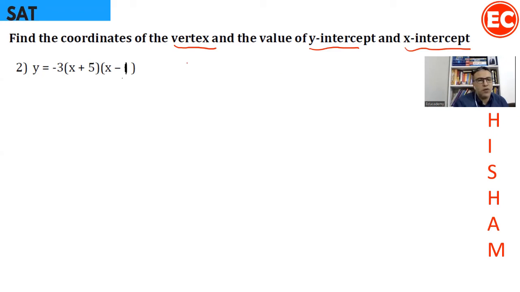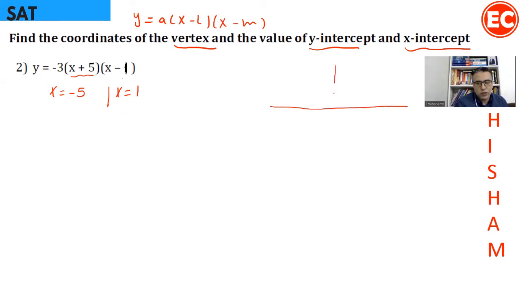Another question in the third form of the quadratic function: how to find the vertex, the y-intercept, and the x-intercepts of a quadratic function in the form y is equal to a(x minus l)(x minus m). It's clear here that I have two values, x equal to negative 5 and x equal to positive 1. So by drawing a small sketch, here is the x-axis, here is the y-axis.